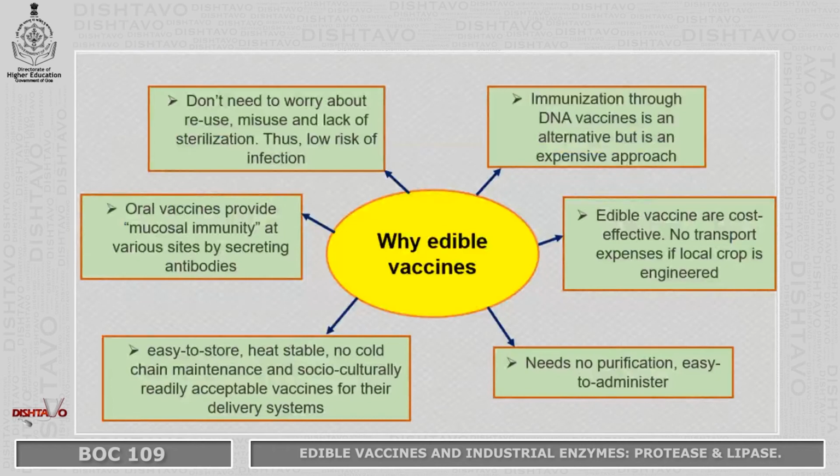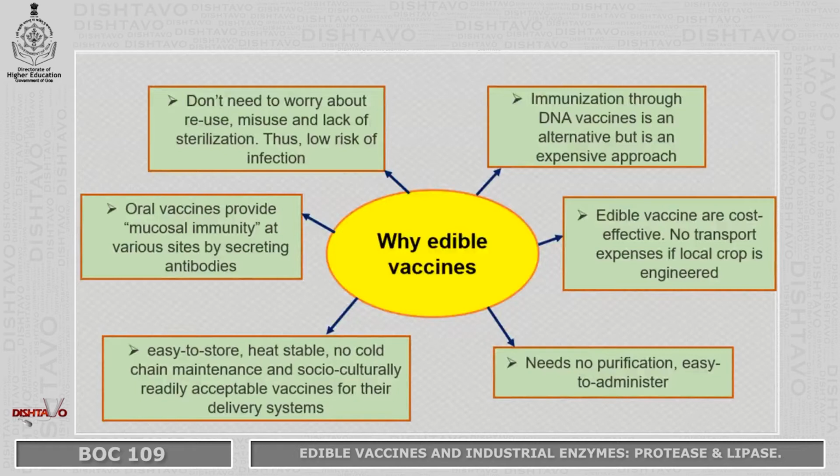Now, why edible vaccines? They are affordable. They do not need any purification. They are easy to administer. They are cost effective, with no transport expenses if local crops are engineered. They're easy to store. They are heat stable, with no cold chain maintenance, and socio-culturally readily acceptable vaccine delivery systems.